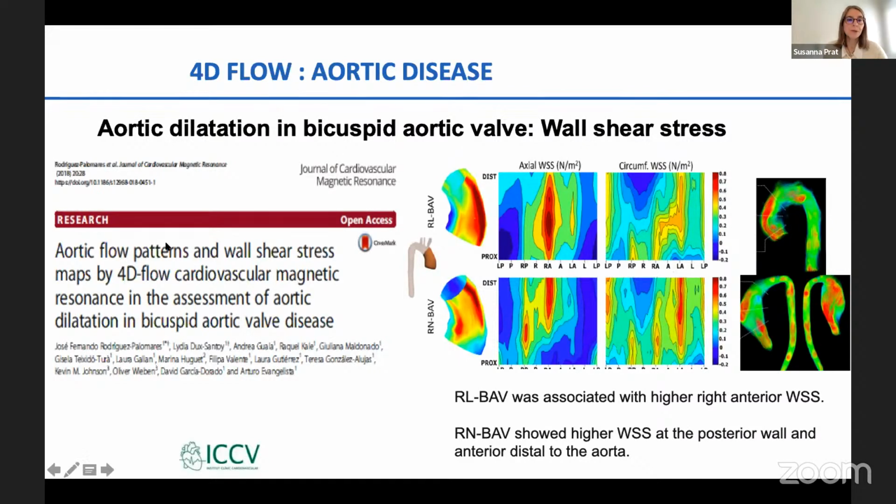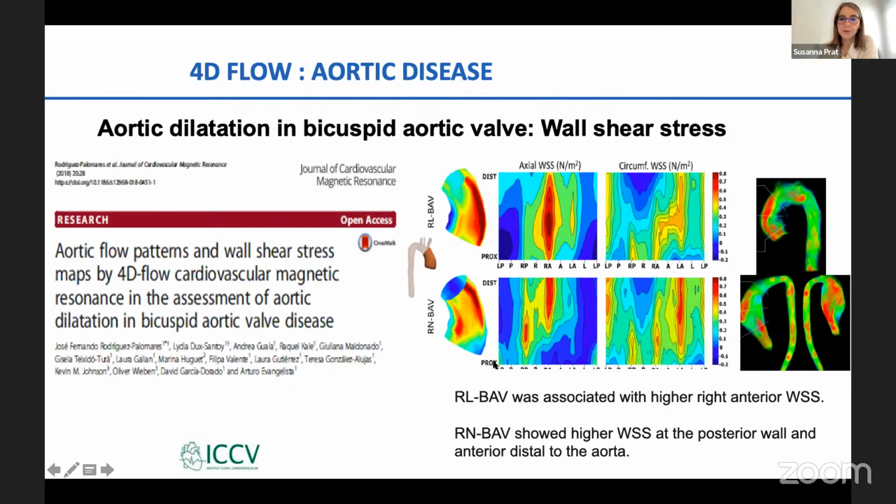And I want to show this paper because I thought it was interesting. Apart from the genetic part, the aortic wall of these patients has some genetic problems, and this can justify the dilatation. We know that the flow dynamics of these patients can also play a part in this dilatation.